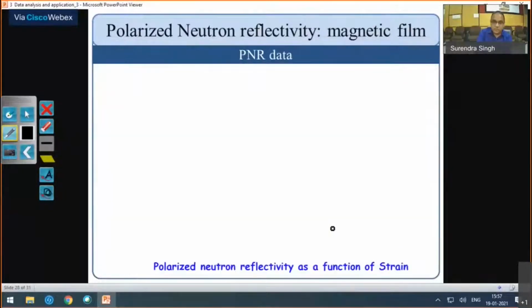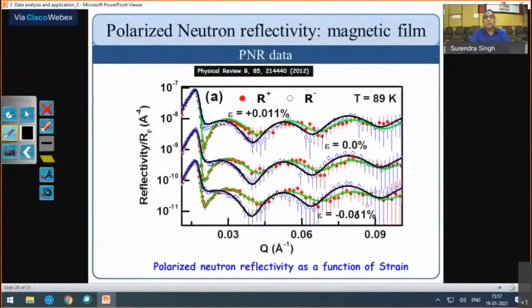And you see, this is polarized neutron reflectivity while warming the sample for three cases. This middle one is when there was no strain. The bottom one is when there is a compressive strain, and the top one is when there is a tensile strain.